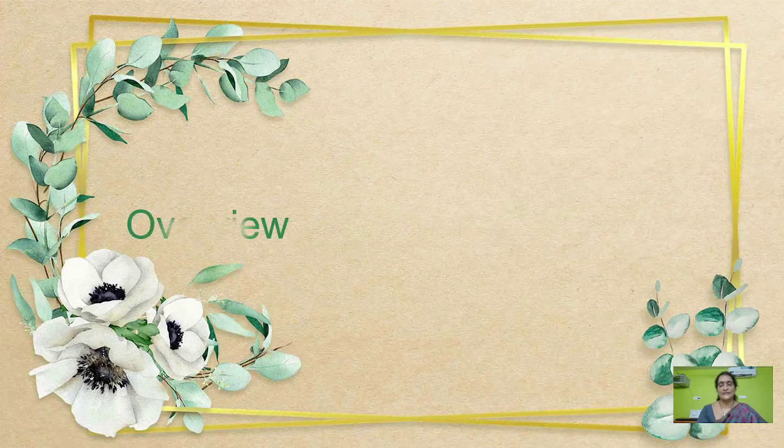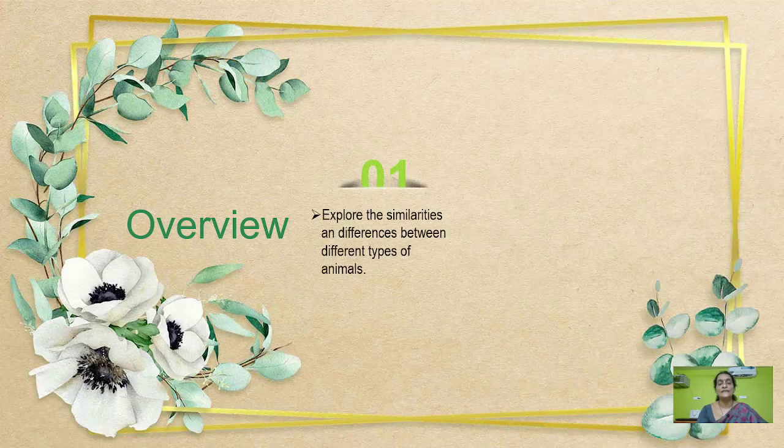In this lesson, we are going to explore the similarities and the differences between animals. What are the similarities? That means what are the same characters? Similarities means, see, dog has 2 eyes, cat has 2 eyes.